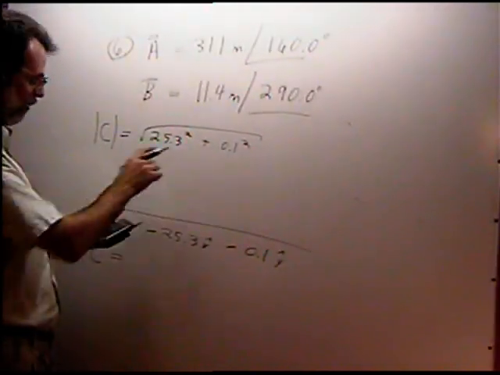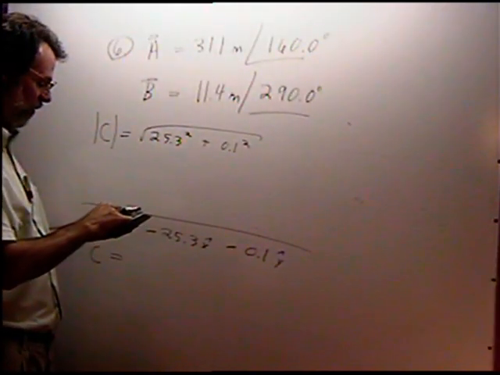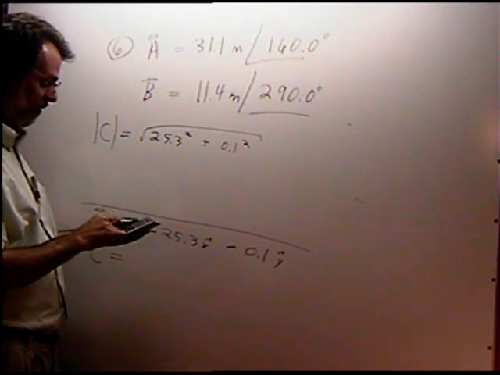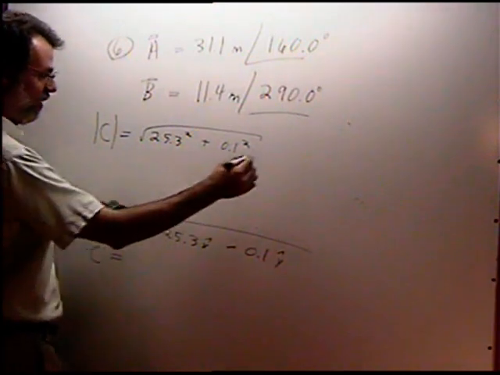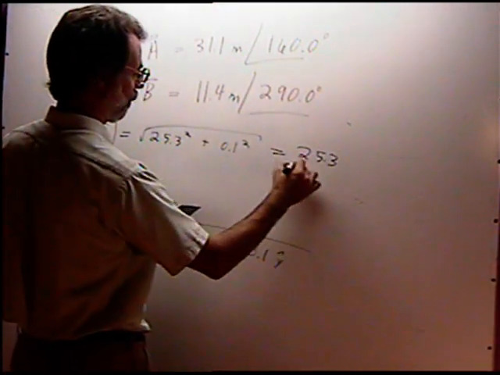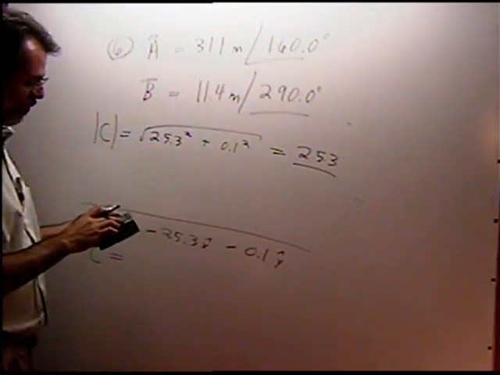This is going to be very close to 25.3, since 0.1 squared isn't very much at all. So we have 25.3. In other words, this barely contributes much at all.